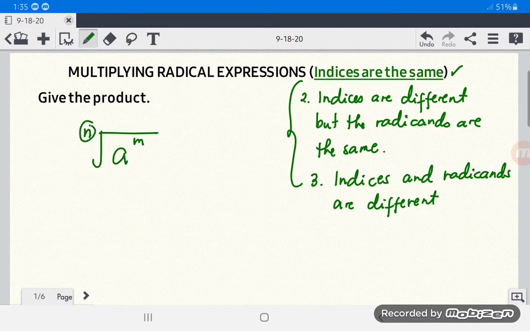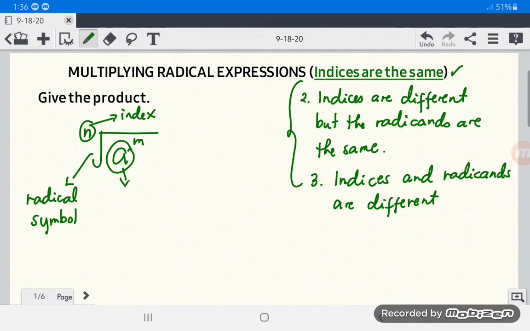So n is what we call the index. This is the radical symbol or the radical sign. Then a is the radicand. And then m is the exponent of the radicand.